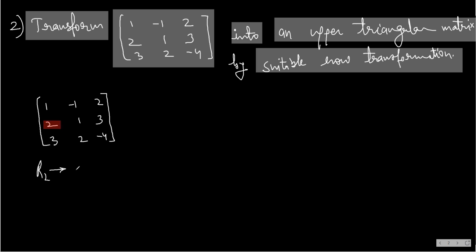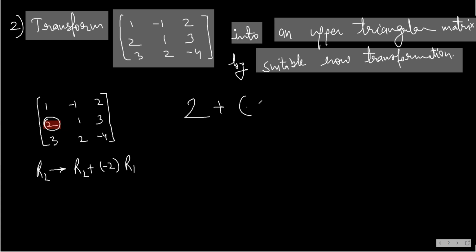So I will write R2 changes to R2 plus minus 2R1. Now you can ask me how do you know it is minus 2R1 that I have to add? See, I want to make this 0, and it is plus 2. When will plus 2 become 0?